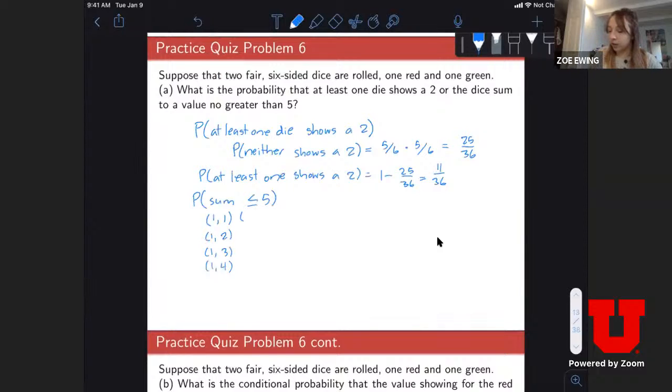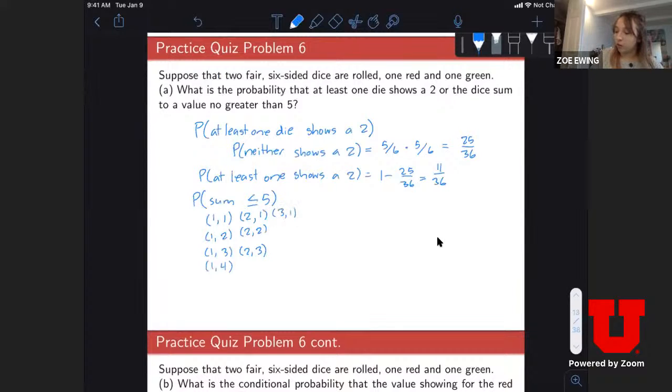Okay, so now let's consider all the options that start with 2. We'll still have 2, 1. And we count both of these because the dice are red and green. So one of them is red, one of them is green, which means that 1, 2 is different than 2, 1. Okay, and then we can have 2, 2 and 2, 3, but 2, 4 would be 6, so we don't include that one.